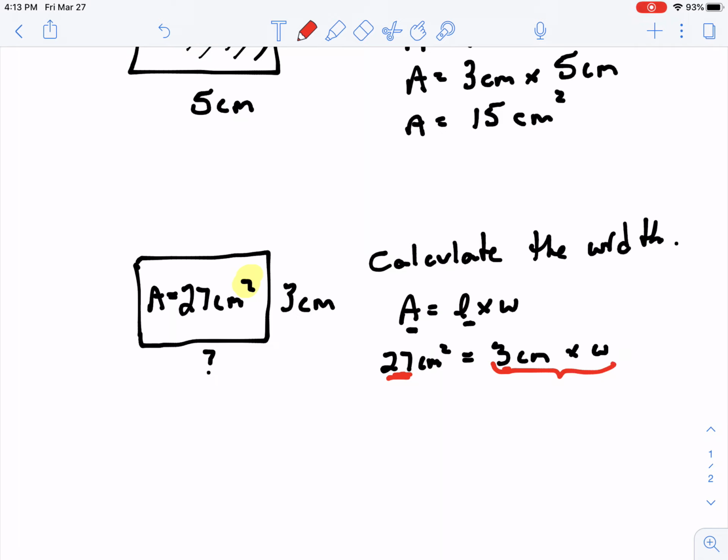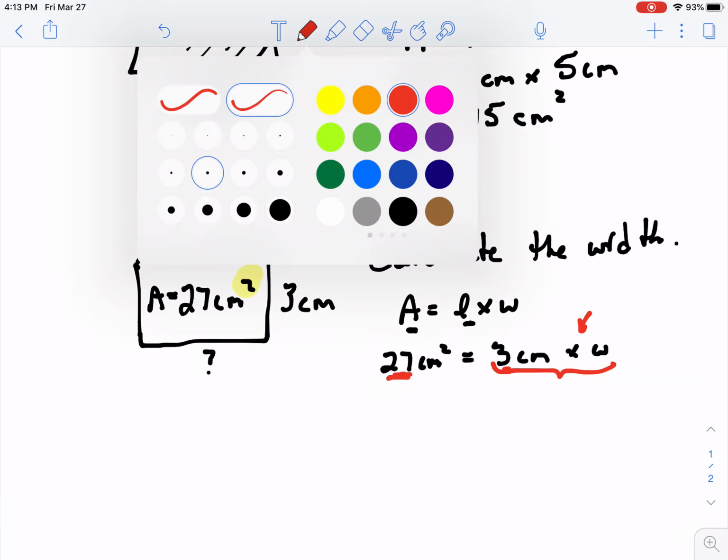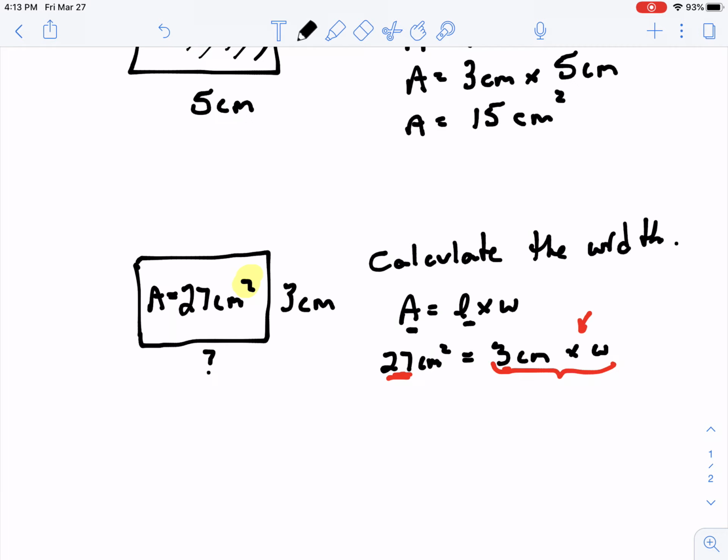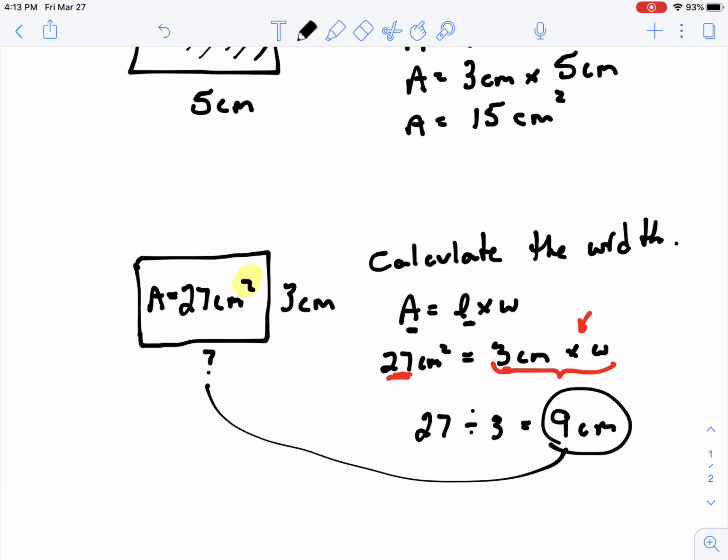I can just simply look at how they're related, and they're related through multiplication. So the simple answer is if I go 27 and I divide it by 3, because the opposite of multiplying is dividing, I get 9 centimeters. So now I know that this unknown here has to be 9 centimeters.